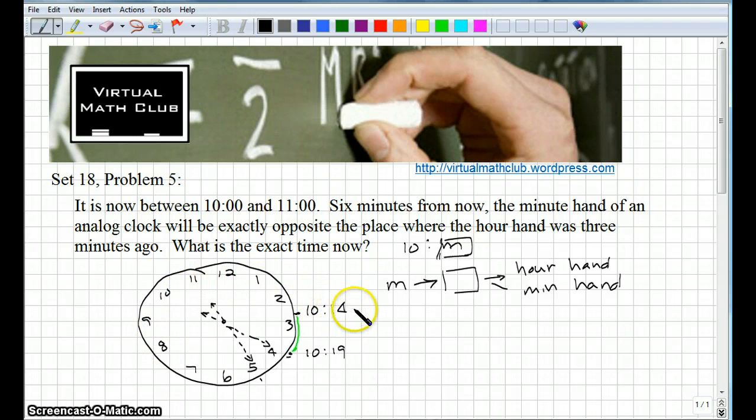So, one way I could look at this, now we have actually the hours marked on this clock, but we know that every time it moves from the 12 to the 1, that's 5 minutes, and another 5 minutes, and another 5 minutes, another 5 minutes, okay? So we could either work this out in degrees, or we could work it out in minutes.